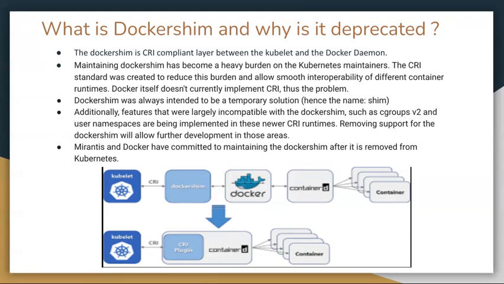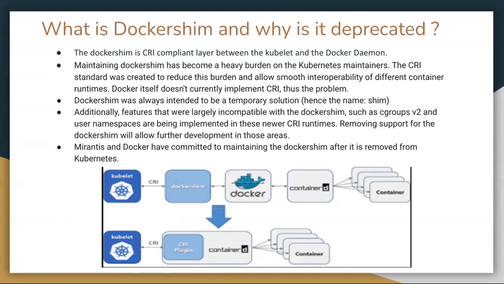deployed. Now, maintaining the Dockershim was a heavy burden on the Kubernetes maintainers, because the CRI standard was created to reduce the burden, right? So there was already a newer technology created to reduce the burden of maintaining the Dockershim specifically for Docker containers. Think from a Kubernetes perspective: there are multiple container technologies that Kubernetes has to support, not only Docker, but other container technologies as well.